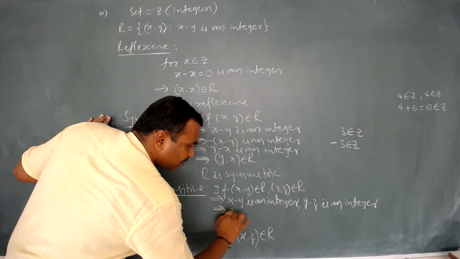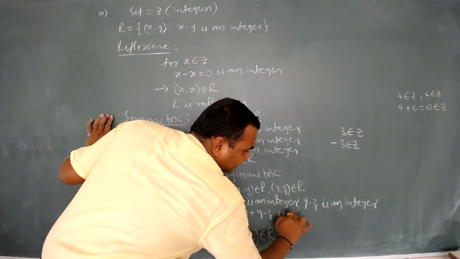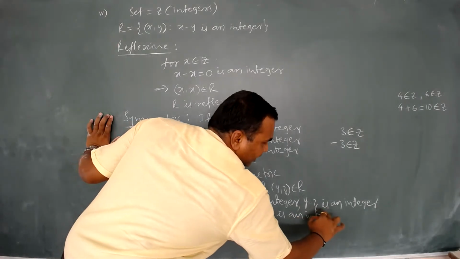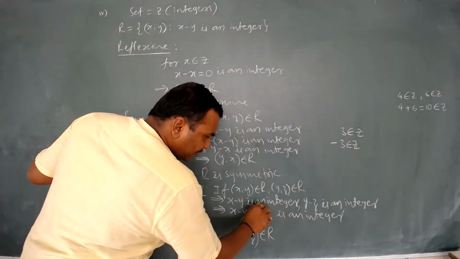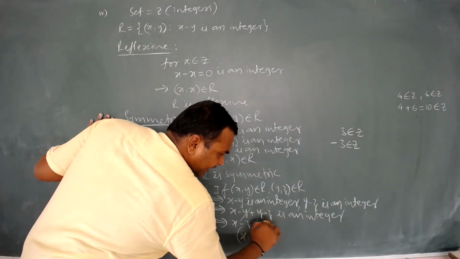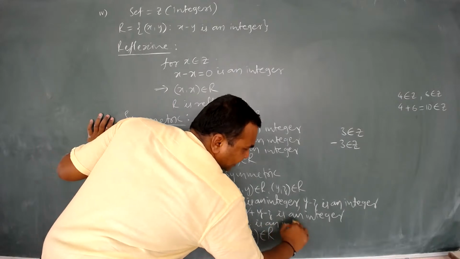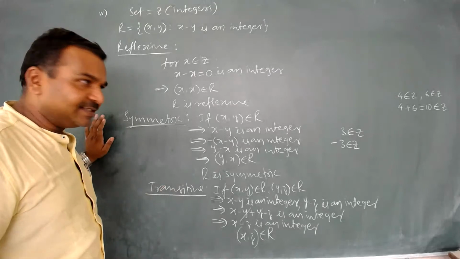That's why I am taking it like this: x minus y plus y minus z is an integer. Can we agree? Yes, it is possible. So minus y plus y cancel. What can we conclude now? X minus z is an integer.